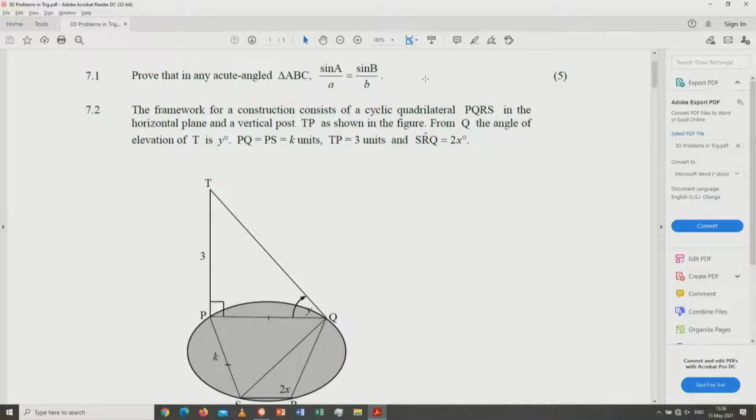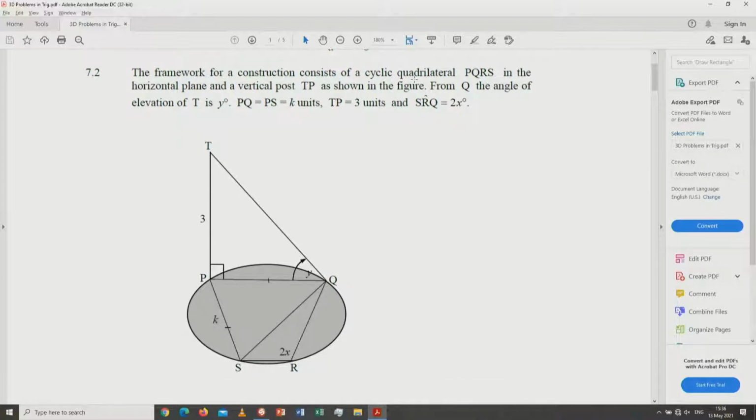Let's try another problem related to 3D problems. Check this one. The framework for a construction consists of a cyclic quadrilateral PQRS. Remember what I said earlier: know the basics of Euclidean geometry.